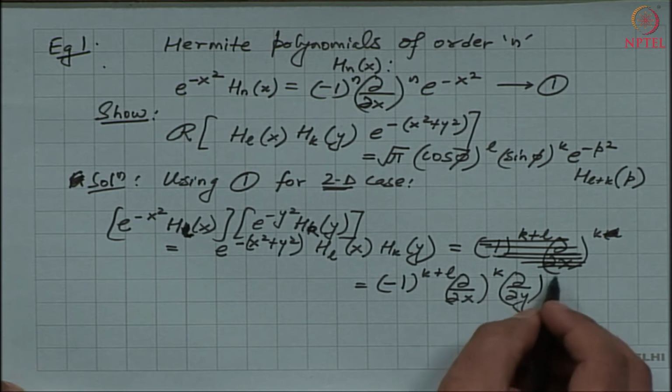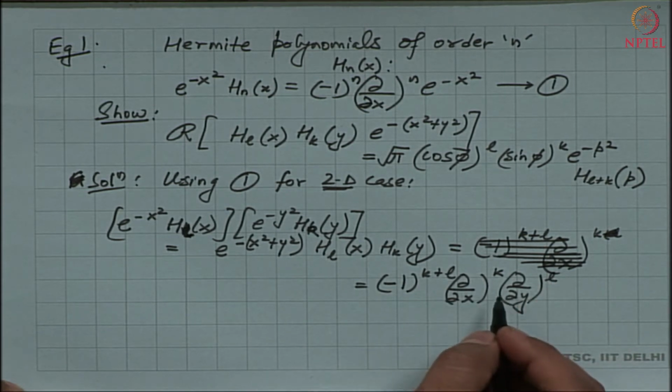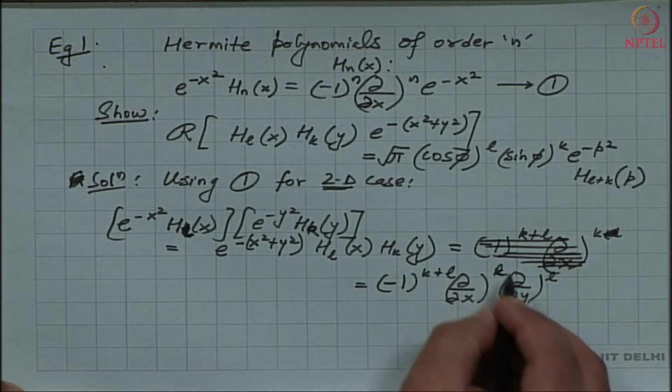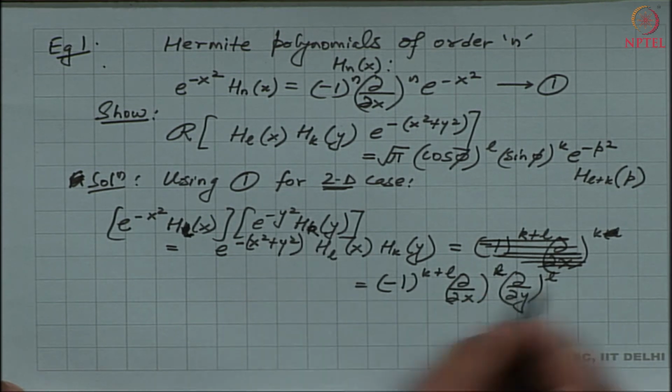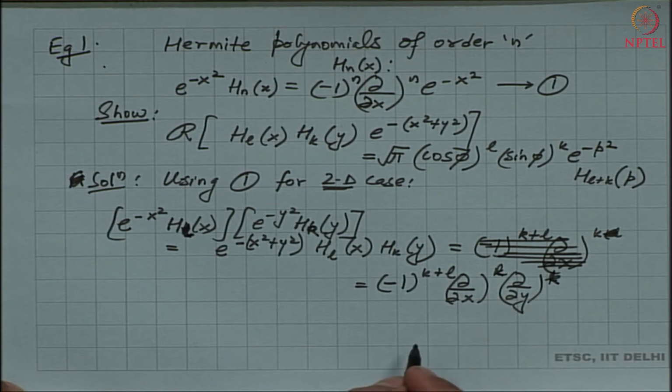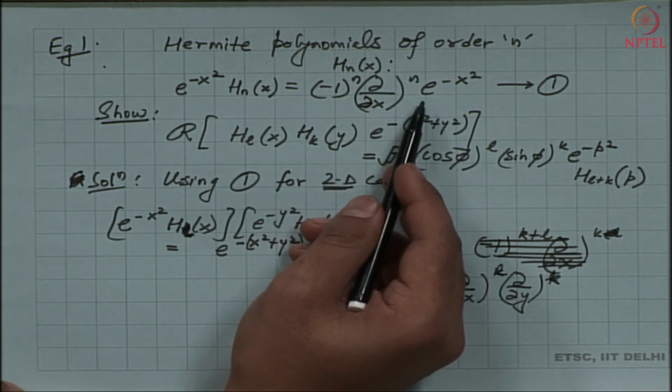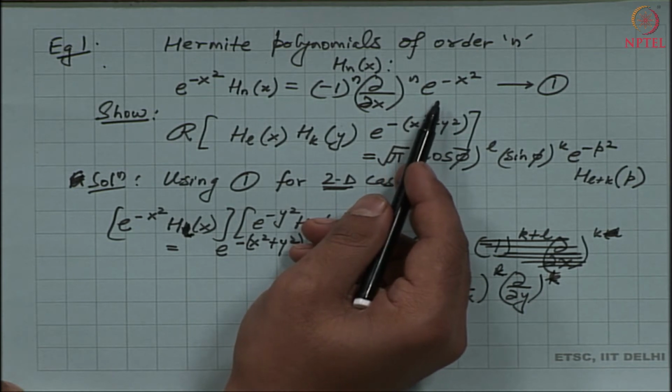I have L with respect to x, so that will be an L, and I have k with respect to y, so that will be a k here. Then, of e to the power minus x square times e to the power minus y square.